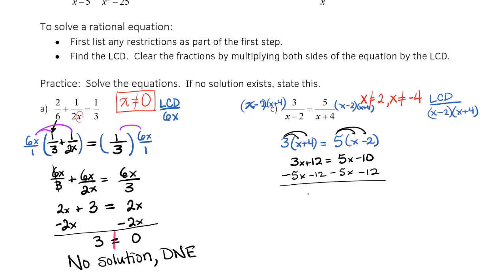This will get my x's on the left and my whole numbers on the right. Then I'm going to divide by -2. And I have x = 11. 11 is not one of our domain restrictions, so that is a solution.